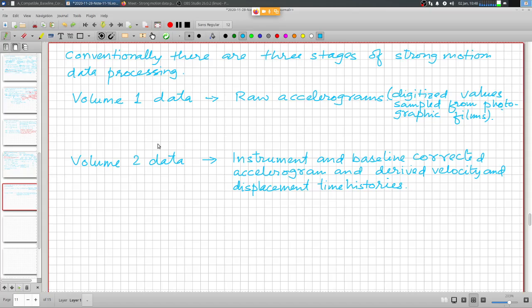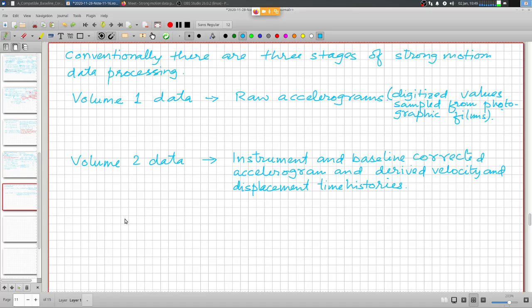Once we have this volume 1 data, then knowing the instrument characteristics, the sensor's natural frequency, damping, etc., we can implement the instrument correction if required. That depends on the frequency range we are operating in, and as I discussed earlier, if we are operating in the range where the sensor amplification is very significant, then instrument correction is required.